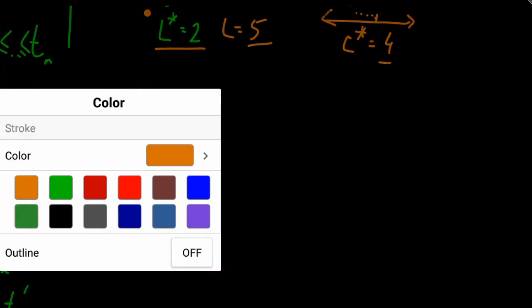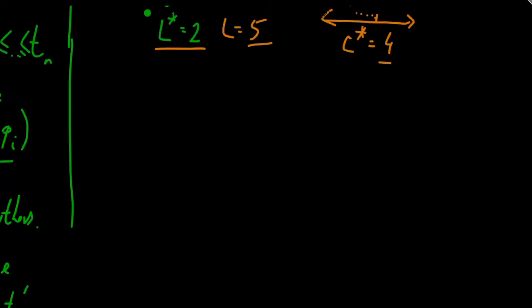And the thing is, we cannot really do better than, I would say, 4 over 3, because we will make a lower bound.